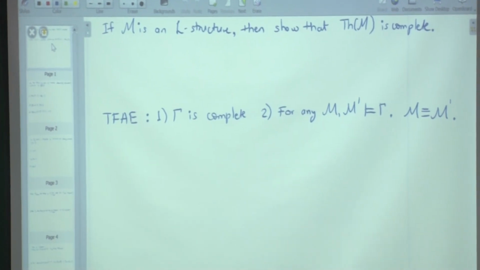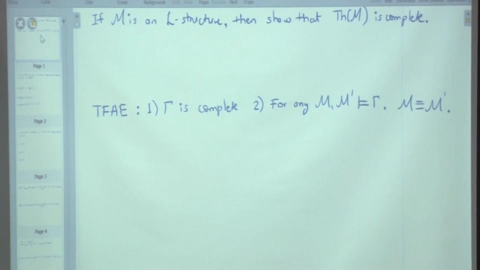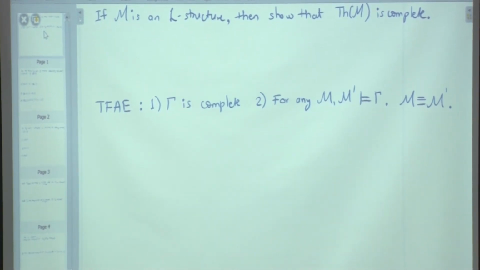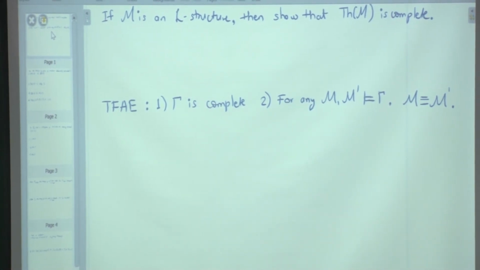What is the meaning of a complete theory? Every sentence is decided, which means either a given sentence theta is a logical consequence of the theory of M, or its negation is a logical consequence. So can you show that? That should be very easy.